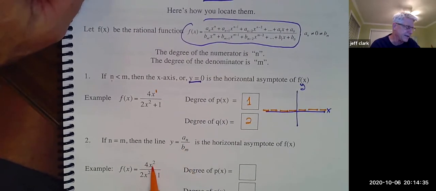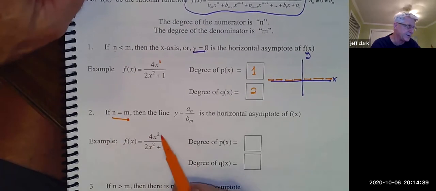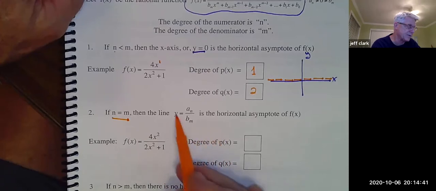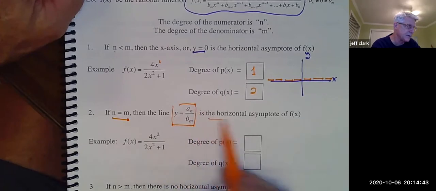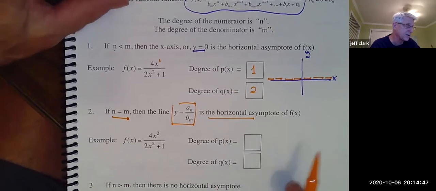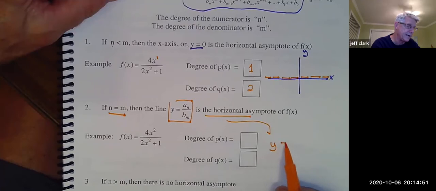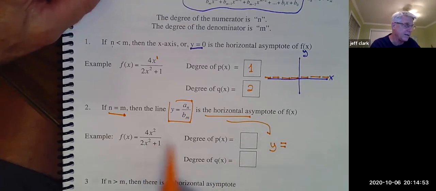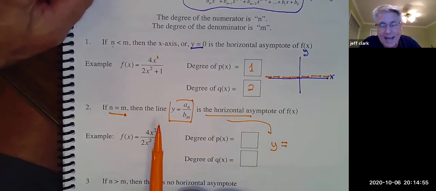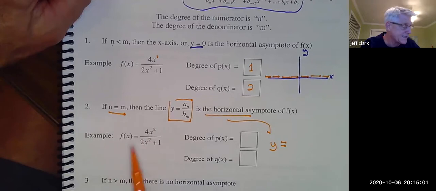All right, now these are identically the same. See how the degrees are the same? If the degrees are the same, there is a horizontal asymptote, and it looks like y equals something. The a sub n and b sub m are the numerical coefficients in front of the squared term.